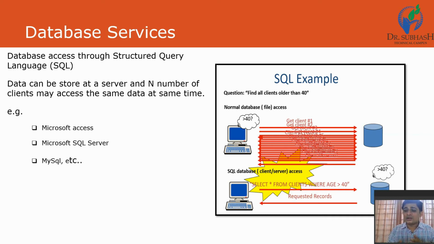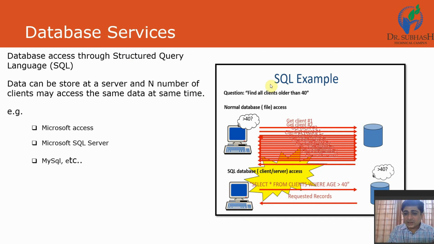So deposit and withdrawal on the same record may be performed at the same time. So we can say that our data is centralized, stored on a single system, and can be used by n number of clients. That is a database service.